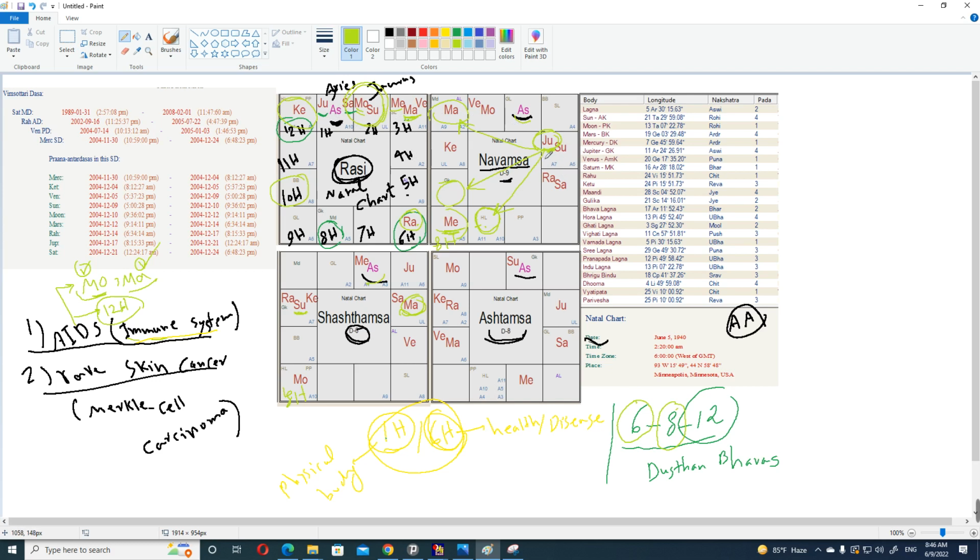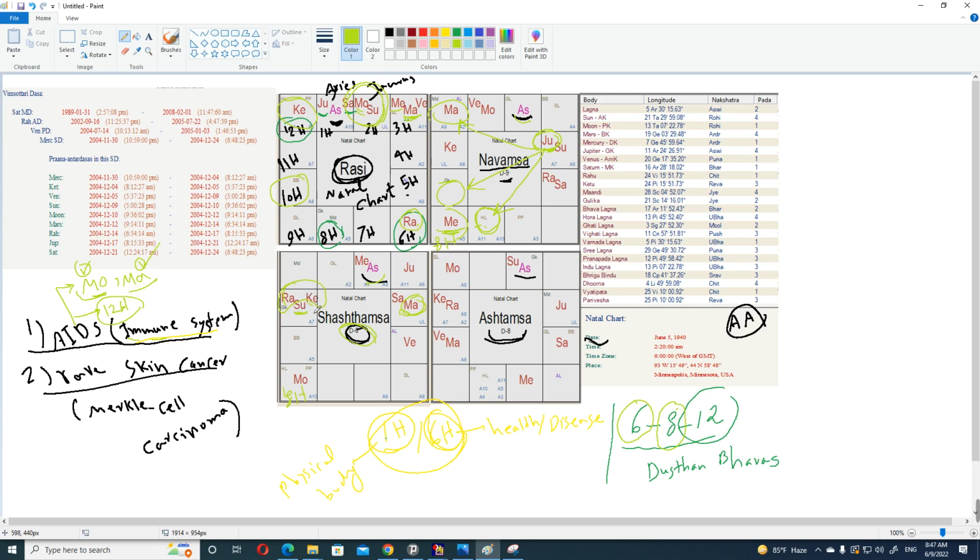It is exalted, but in the divisional chart for disease, Jupiter is placed in Gemini. Okay, it is under the aspect of nodes. Both Rahu and Ketu are aspecting Jupiter.